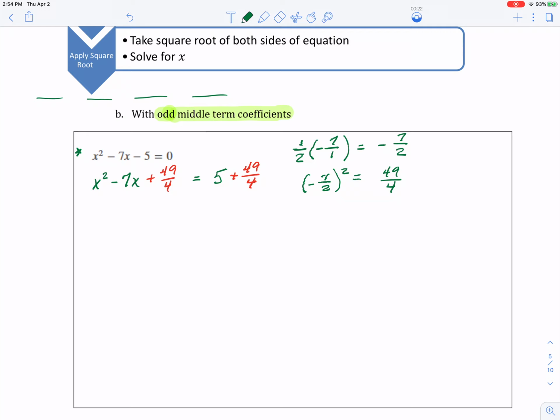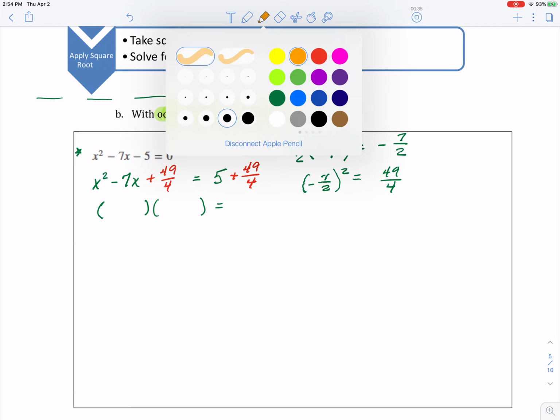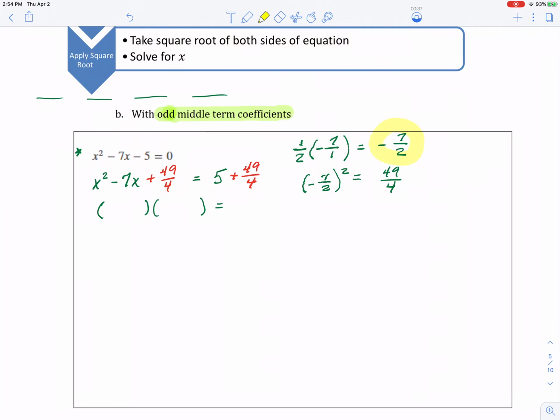All right, so how am I going to factor this thing? That's why this number right here, after you take half, but before you square, I've been being very careful to track that number as I've worked with you. That's going to be the number that's going to sit inside the binomial as you factor it.